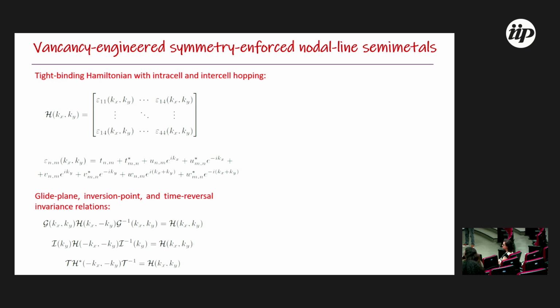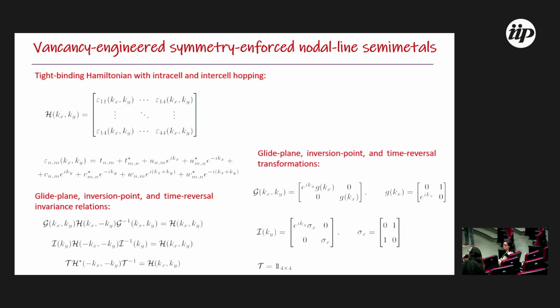So, but if you go forward, just to see the right, yeah, exactly. As far as I understood, the energy equal to 0 is generally material independent, but you need to have these matrices to ensure the nodal line at energy equal to 0.